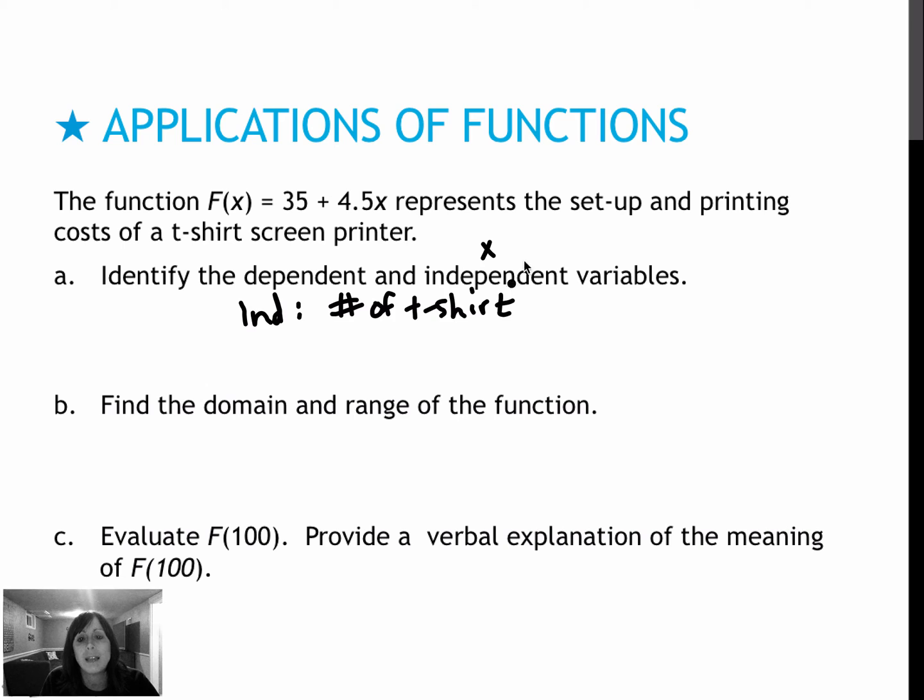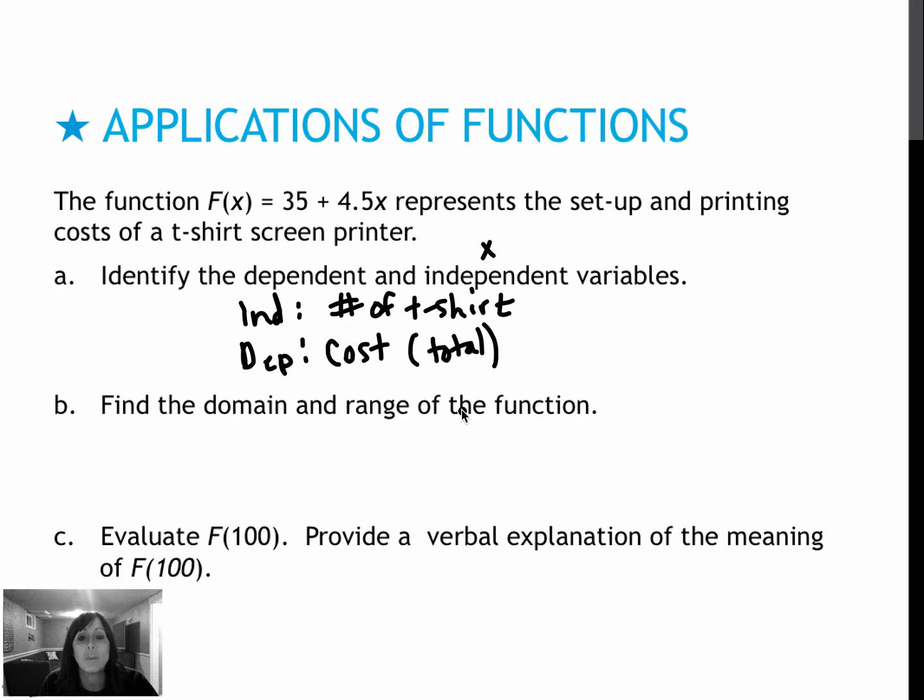Because that would make sense that the cost would continue to increase based on the number of t-shirts that you produced. The dependent variable would be the cost, or total cost, because as the X value increases, my total cost will also increase.